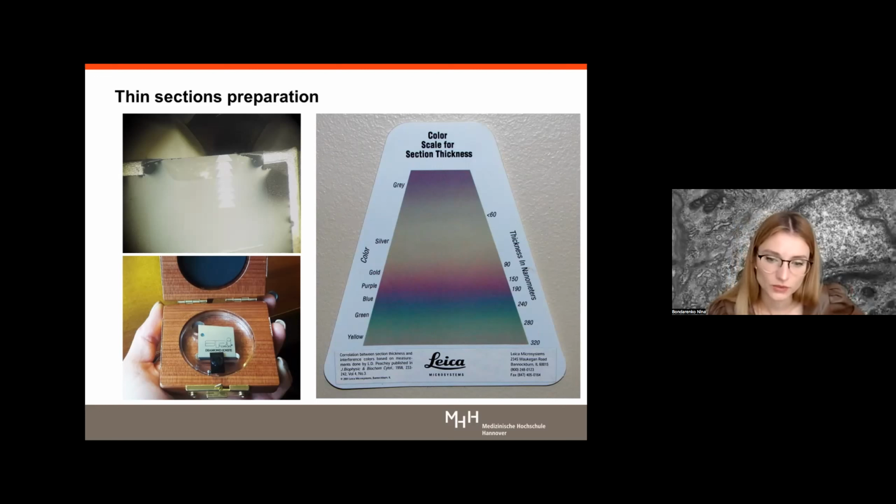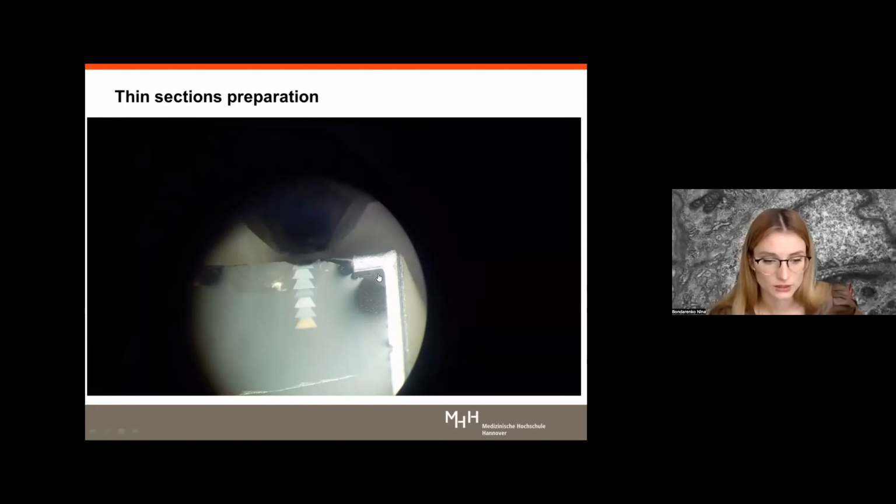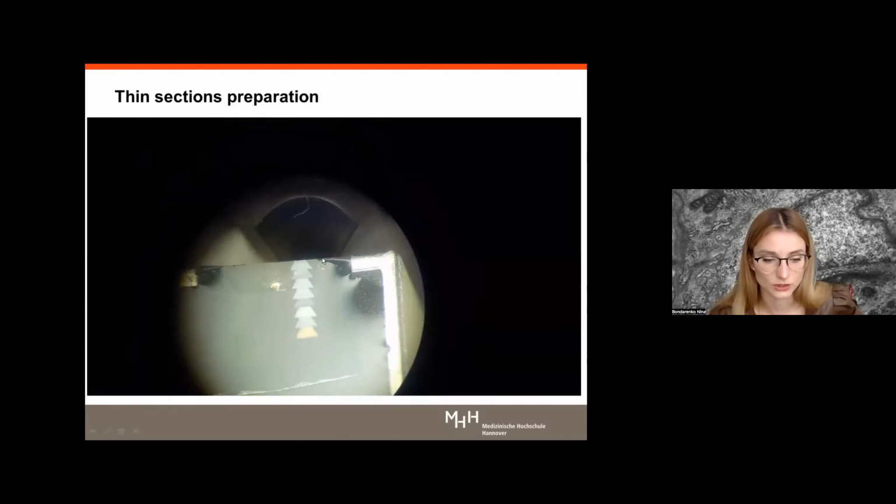And for example, for electron microscopy tomography, when the aim is to receive a 3D model of the ultrastructure, we can use even thicker sections, like 200 nanometers, for example.